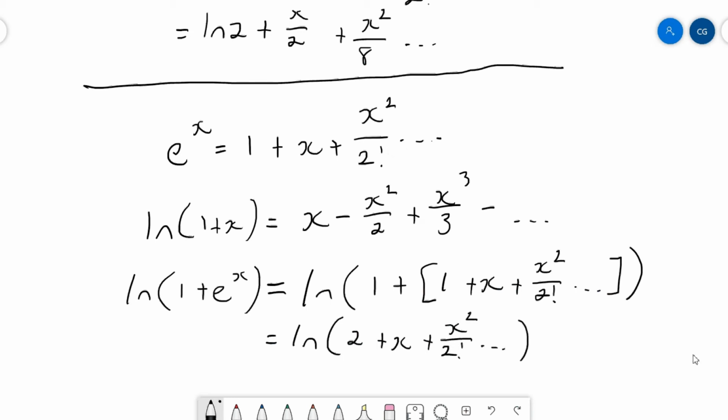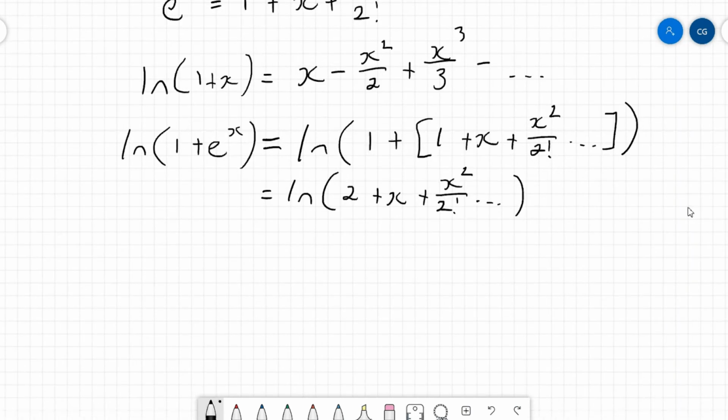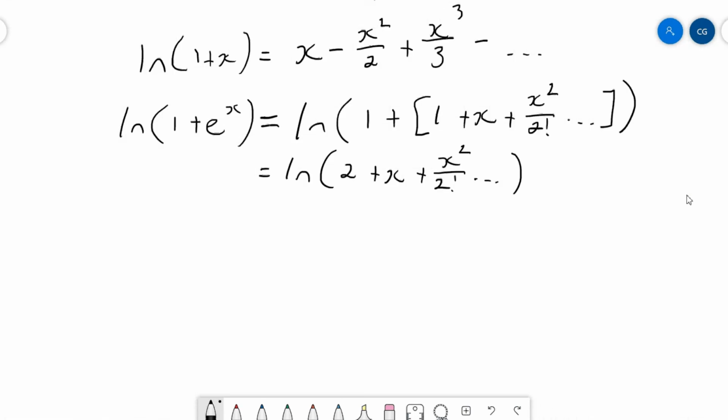Now, in this case here, this is not really what we want to be playing around with because we want natural log of 1 plus x. So I need to factor out a 2. So what we're going to do in this case is natural log.